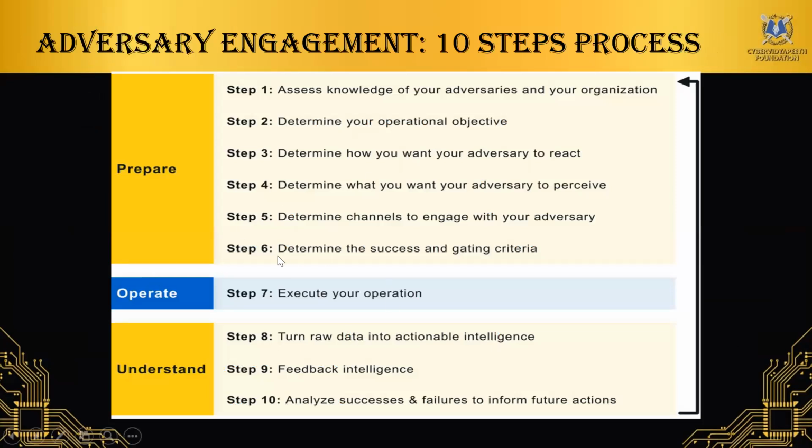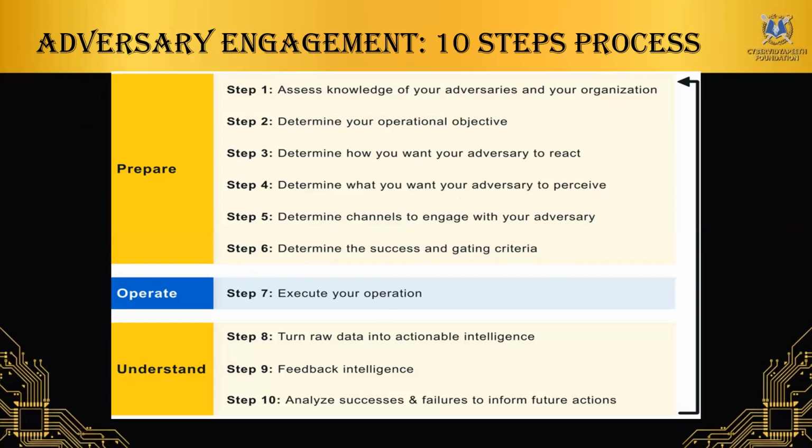When you prepare, determine the channels to engage with your adversary. Channels will come from your network, your application, your OS, your systems, and other technical components available as a part of the network. It is very important to determine the success and gating criteria.